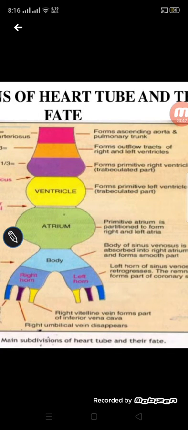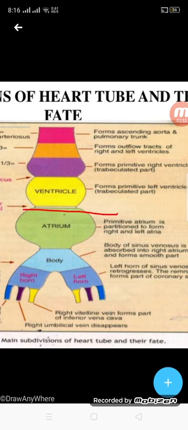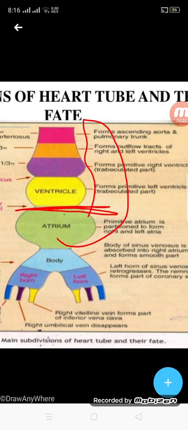What will happen to the atrium portion, the venous portion? It will go up towards the dorsal aspect of the atrial end of this heart tube, and this primitive atrium will be partitioned to form the right and left atria.